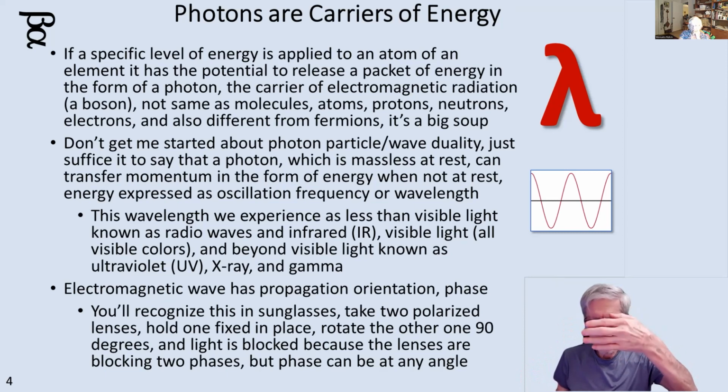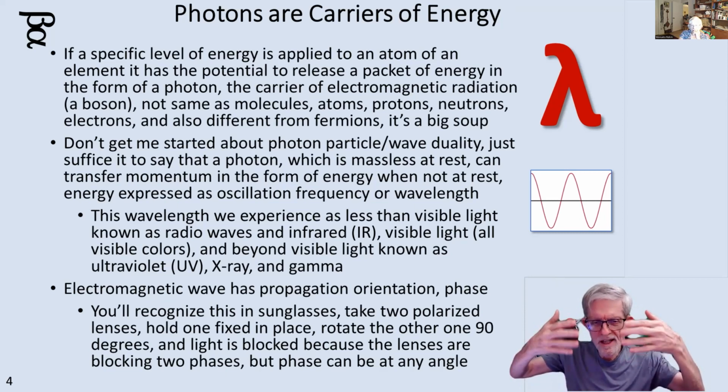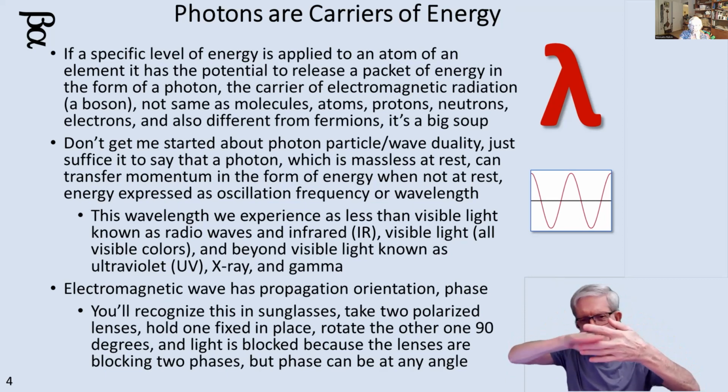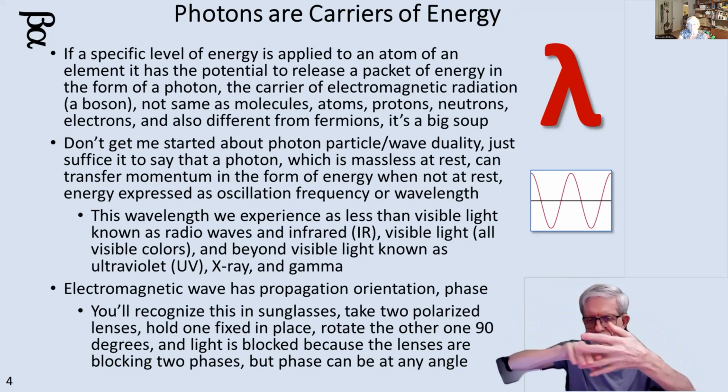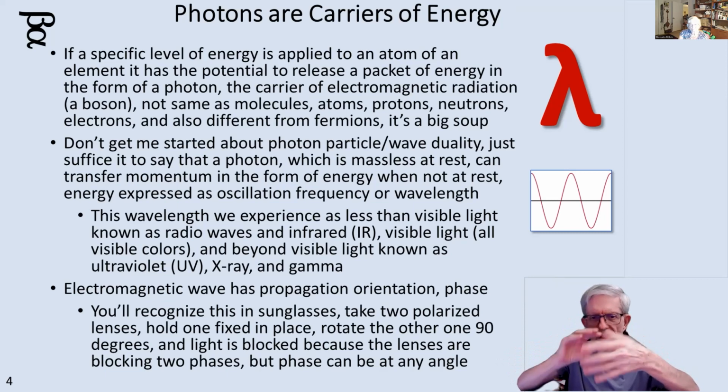One lens's gaps are oriented this way, and the other lens's gaps are oriented this way. So it allows the light to only pass through if the wave is sideways as opposed to up and down, because there's not enough space between the gaps to allow the other phases of light to come through.